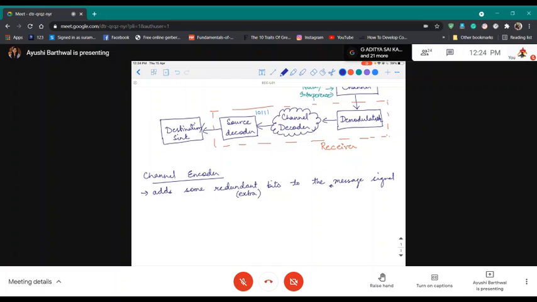These redundant bits help to determine the presence of error in the received signal, in the received data stream.